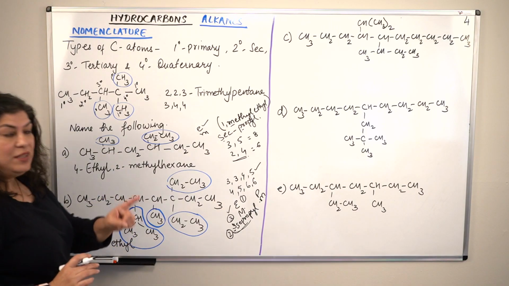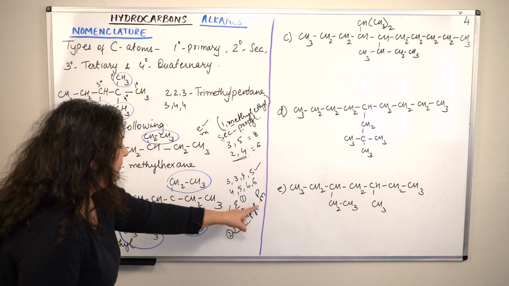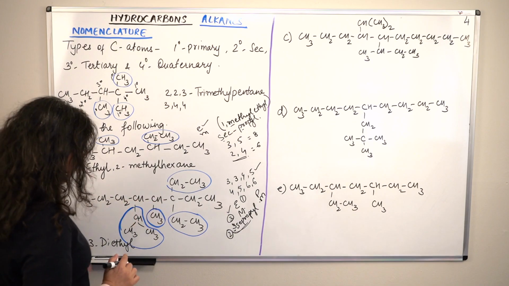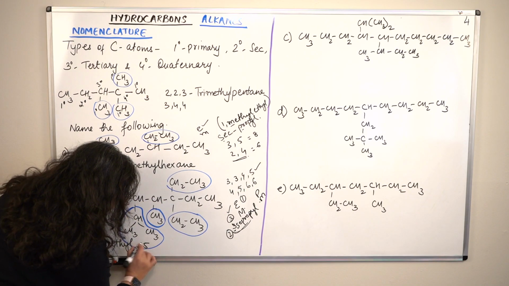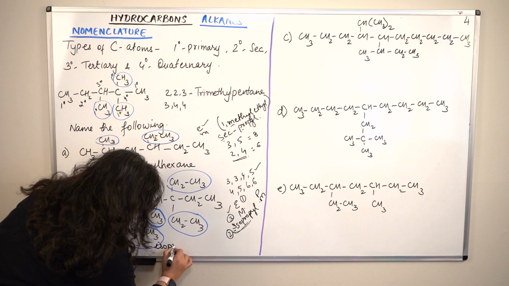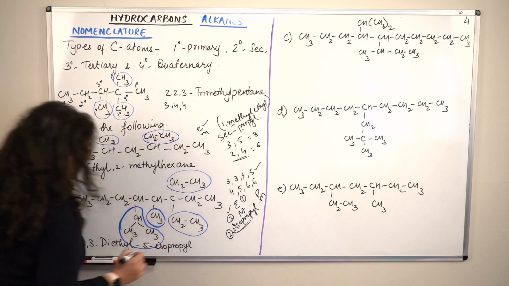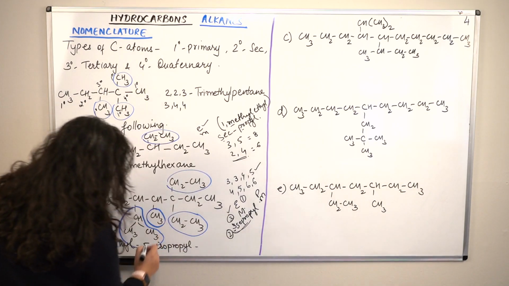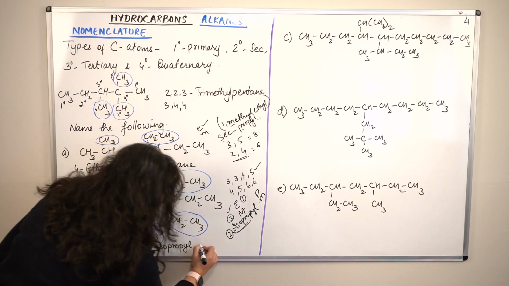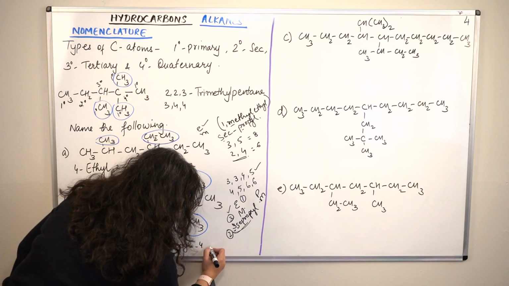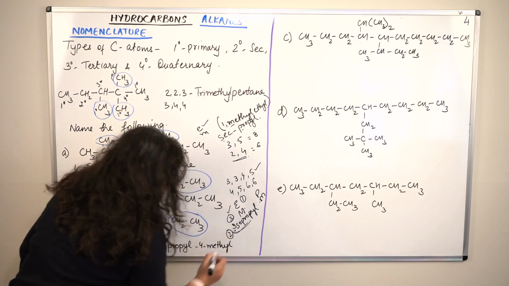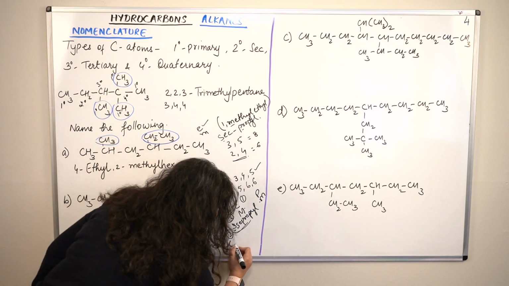Okay, it is 3,3-diethyl, and then we'll write the isopropyl. What is the locant for the isopropyl? 4,5. So we'll write 5 isopropyl. Then you have 3,3-diethyl, 5 isopropyl, and 4 methyl, and what was the word root?